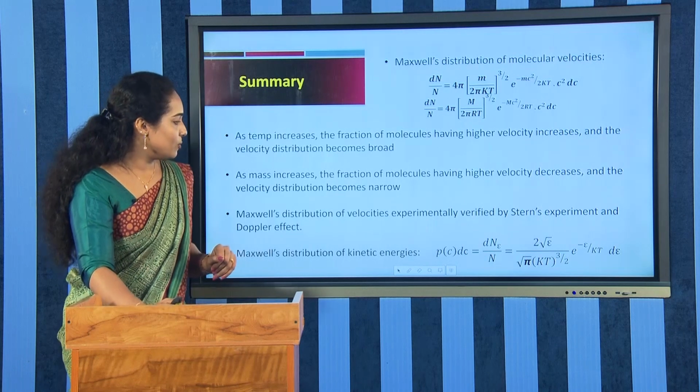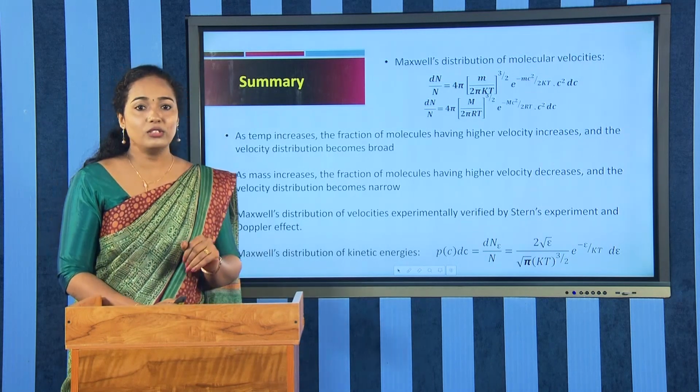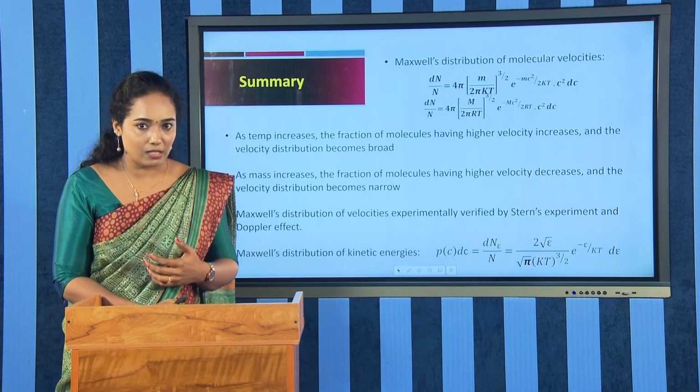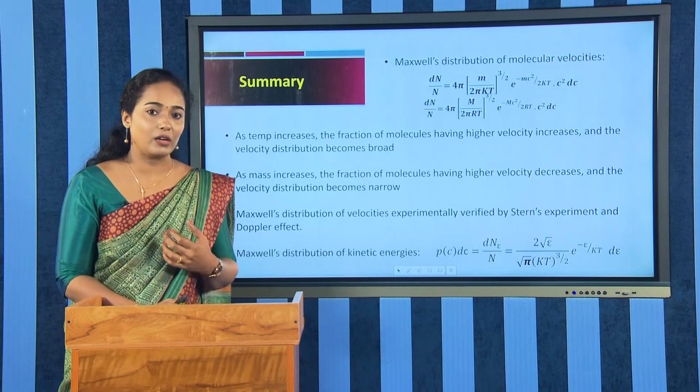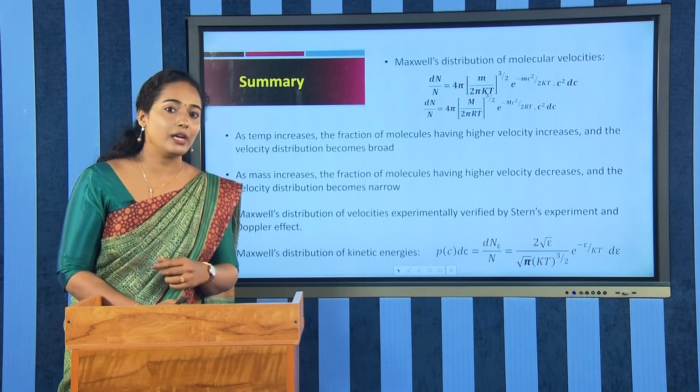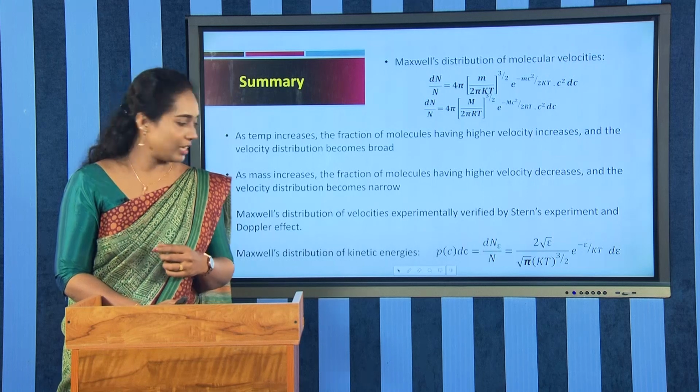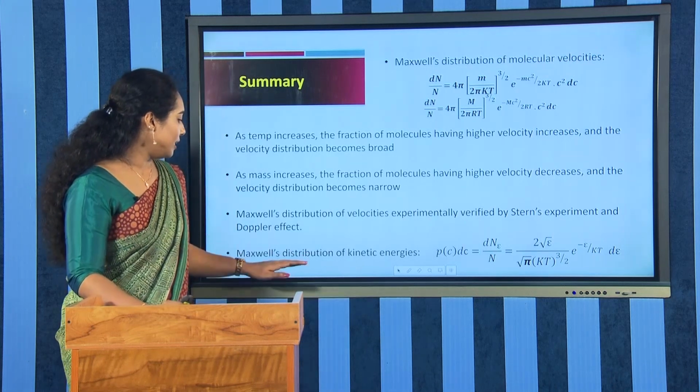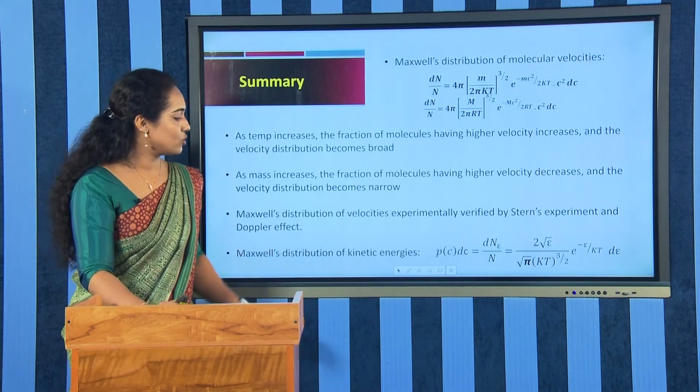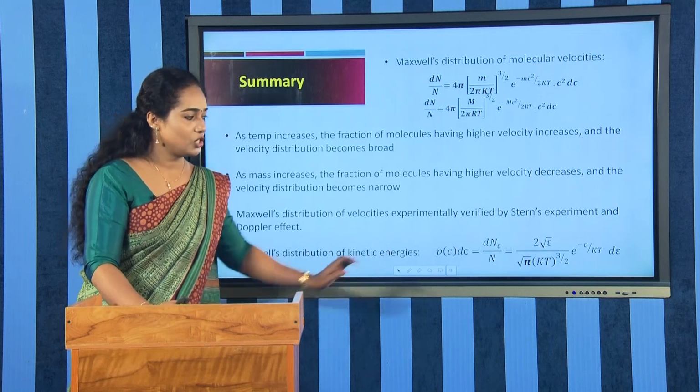We also saw the experimental verification of the Maxwell distribution of velocities by Stern's experiment, and found the actual reason behind the Doppler broadening of spectral lines. Finally, we derived the Maxwell distribution of kinetic energy, which is shown here.